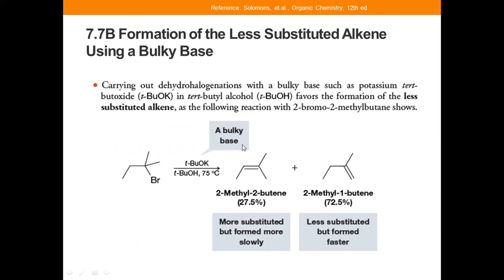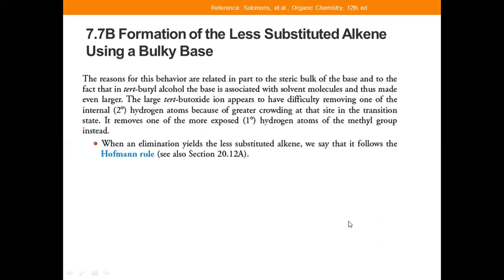When you have a bulky base, it favors the less substituted alkene because there will be a greater repulsion when it attacks here. In tert-butyl alcohol, the base is associated with solvent molecules and thus made even larger.